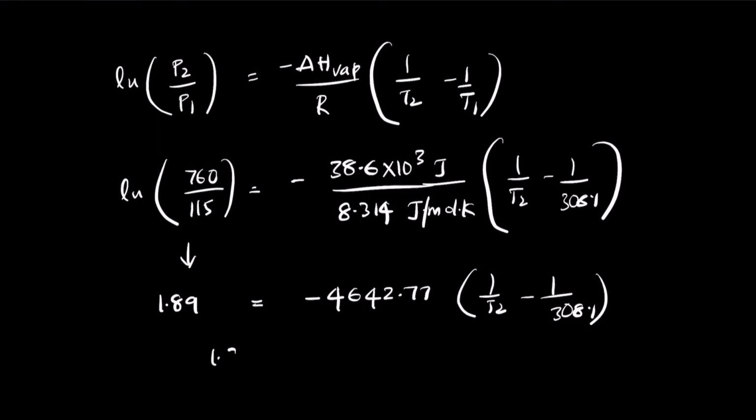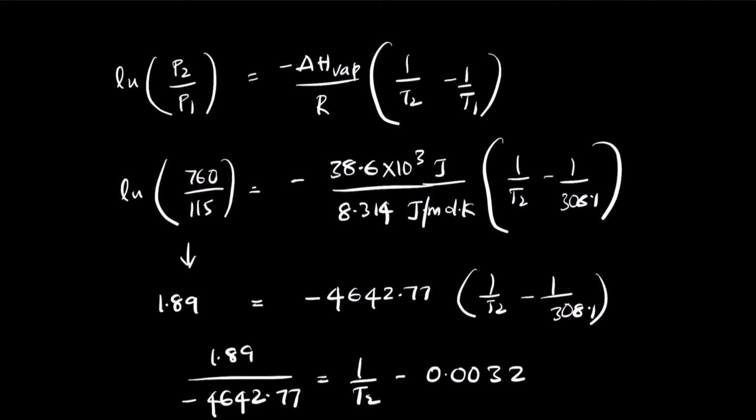So you have 1.89 over minus 4642.77 equals 1 by T2 minus 1 over 308.1, which gives you a value of 0.003245.